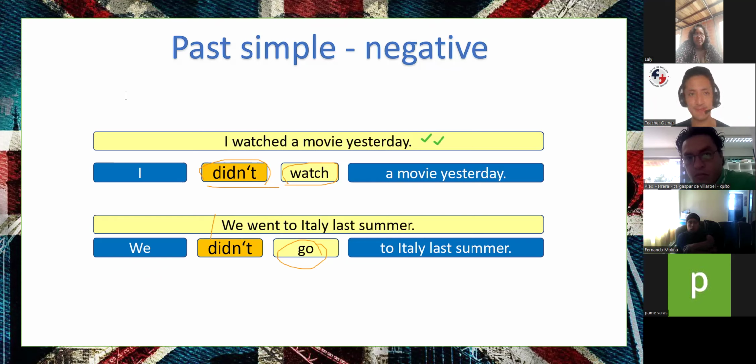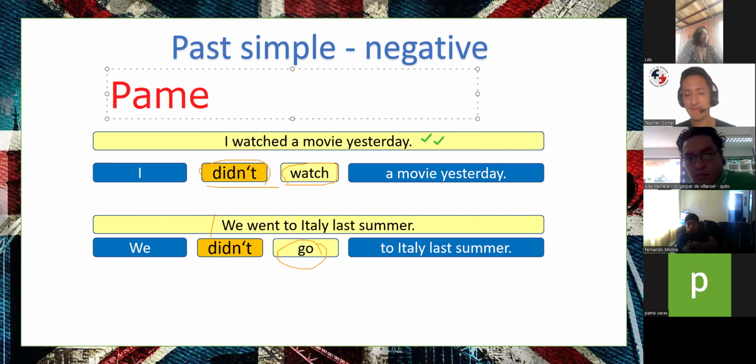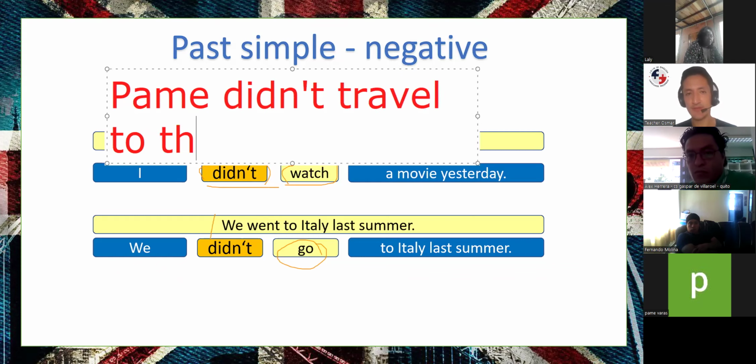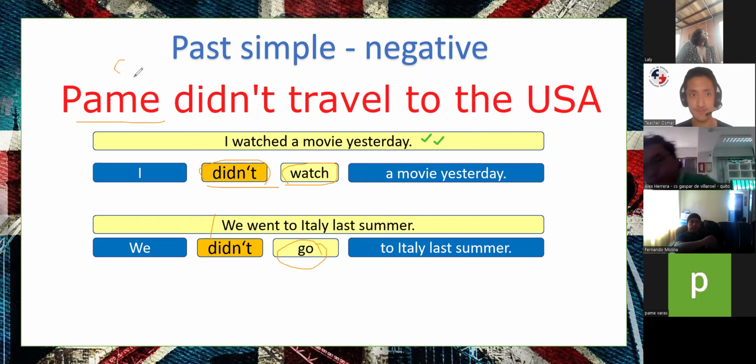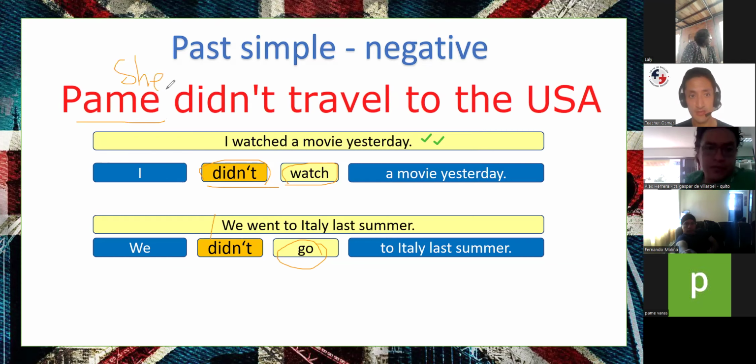For example, let's suppose that, let's talk about Pame, okay? Pame didn't travel to the USA, right? Pame is the equivalent to say she, ¿no es cierto? We're talking about Pame, is third person singular. She.